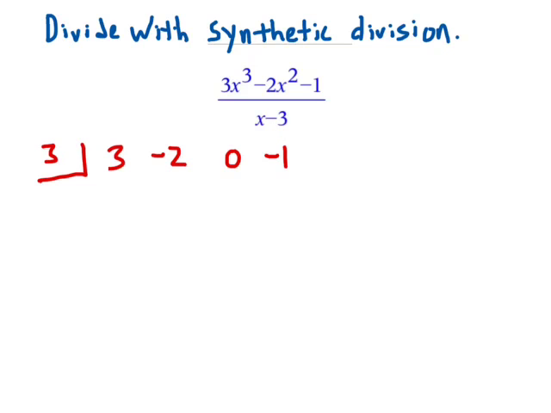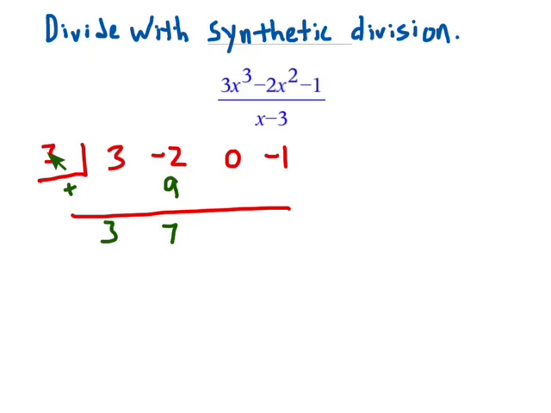Step 1, we're going to bring down the 3, and then remember synthetic division is the opposite here as far as adding and subtracting. So we're going to multiply 3 times 3, and that gives us 9. And then we're going to add these things. So negative 1 plus 9 gives us 7.